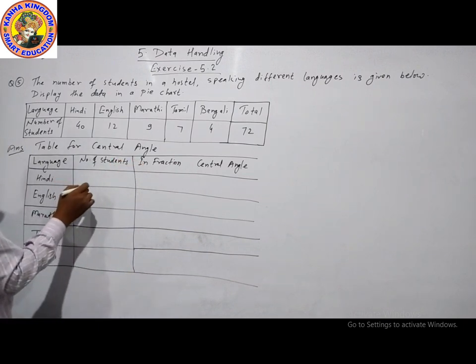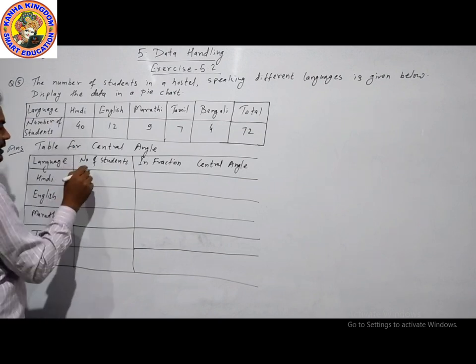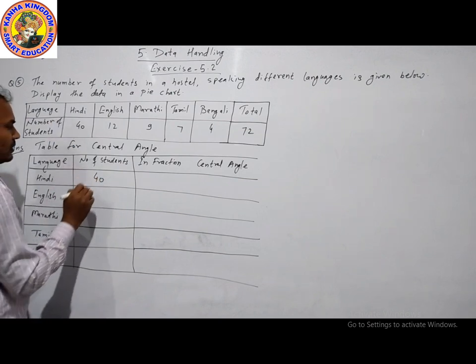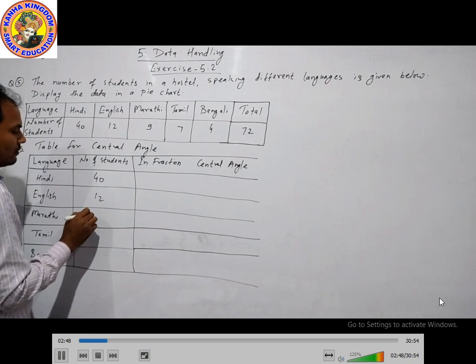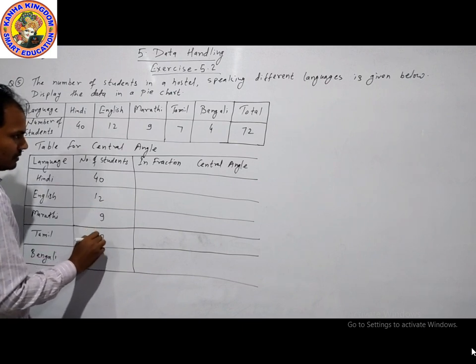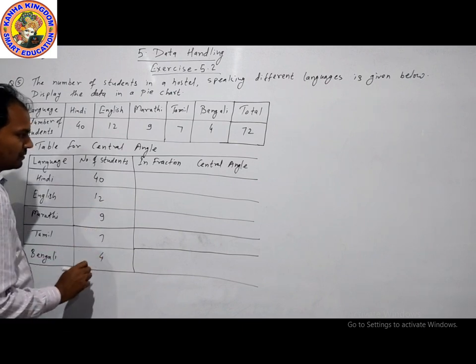Now number of students. Number of students in Hindi, 40, 12, 9, 7 and 4.